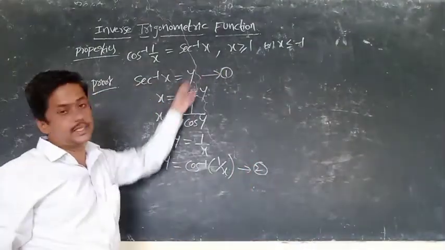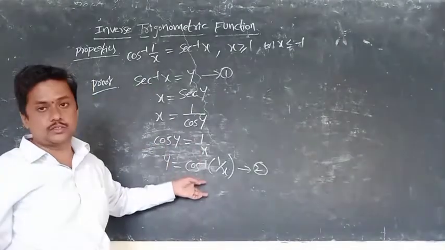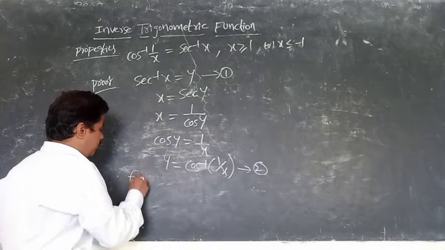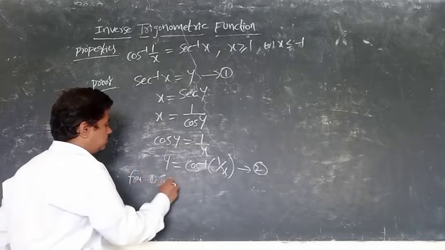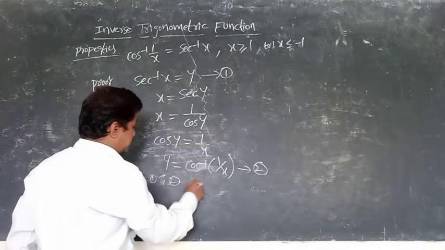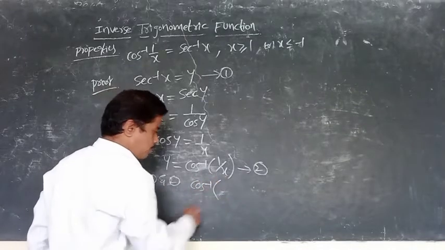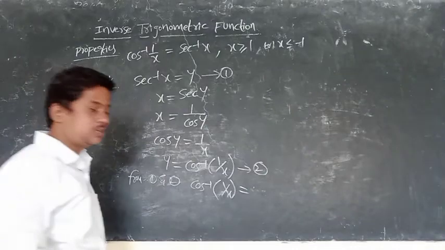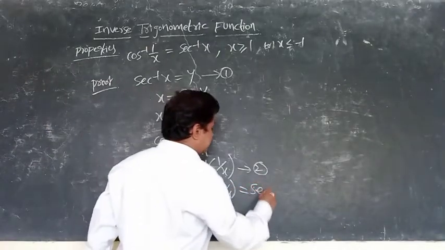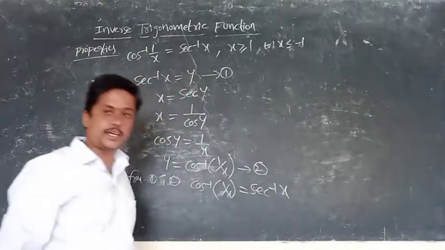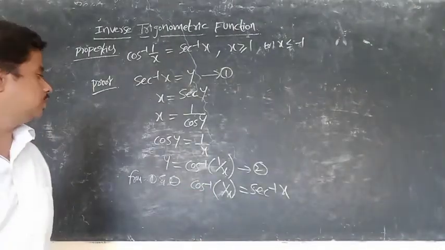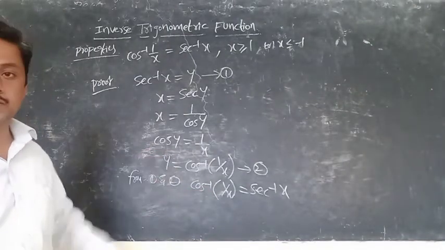Both are y, so we can equate these two things. Therefore, from 1 and 2, cos inverse of 1 by x is equal to secant inverse of x. Like that, you can simplify.